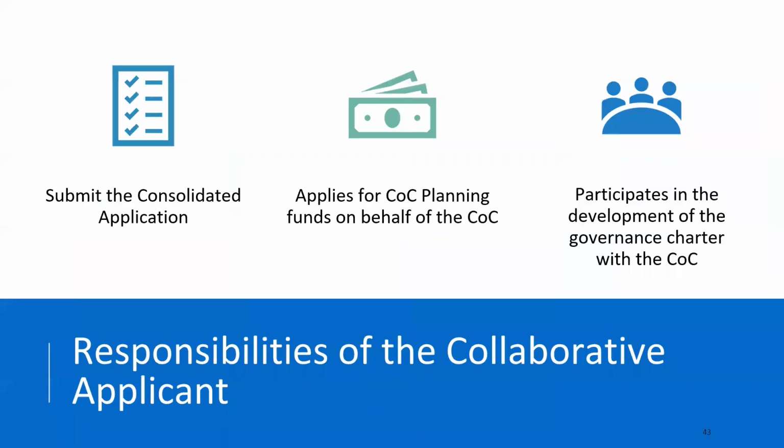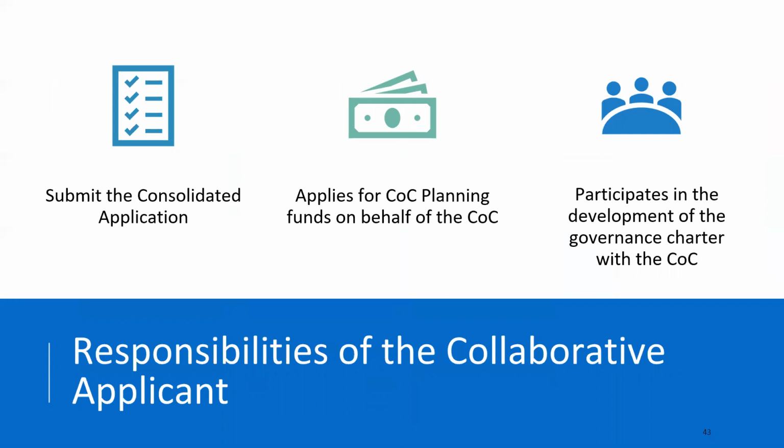We mentioned in CoC 101 that each CoC has a collaborative applicant. The collaborative applicant acts on behalf of the CoC when applying to HUD for grants, and all responsibilities assigned to the collaborative applicant have to be documented in your CoC's governance charter.